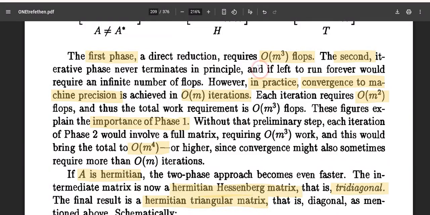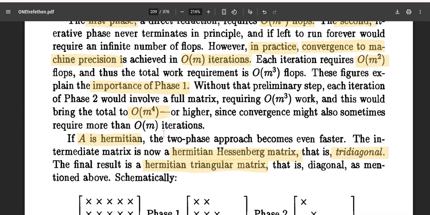The first phase involves m cubed flops, and the second phase involves around m squared flops per iteration, and it takes m iterations, so that is also m cubed flops in total. But if you do not have the first phase transformation, then each and every iteration in the second phase would involve around m cubed flops. So it would be one order of magnitude higher than the two-stage process. That is one of the reasons why we require a two-stage process.